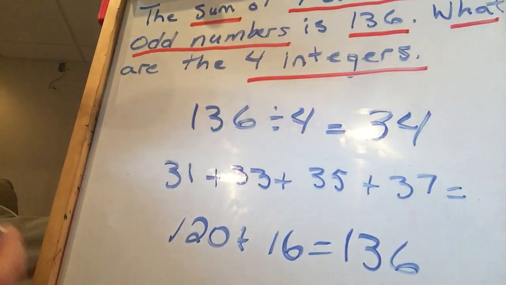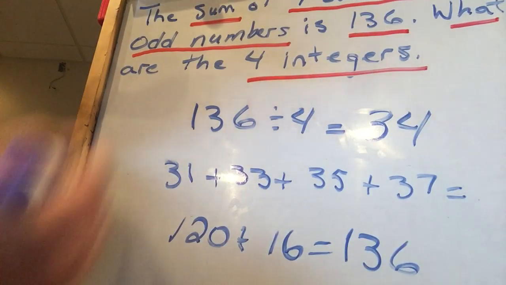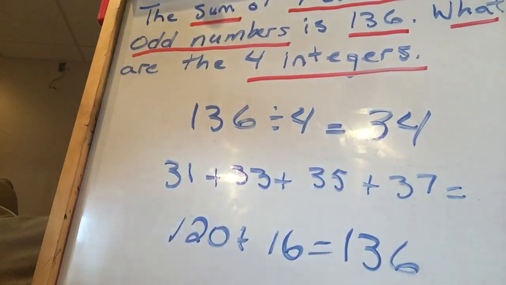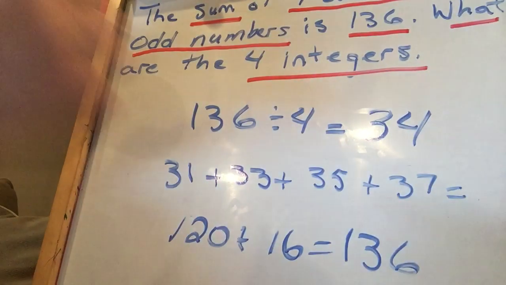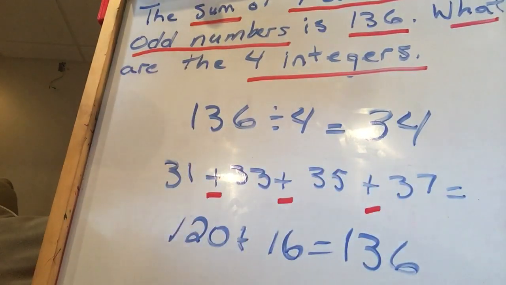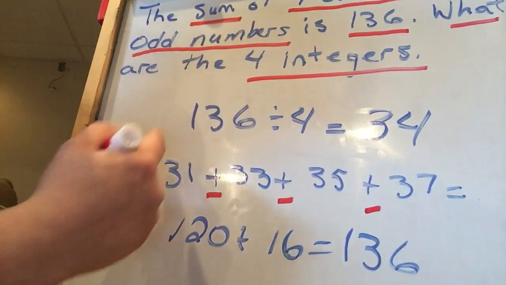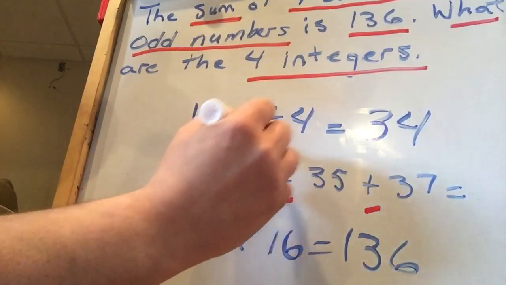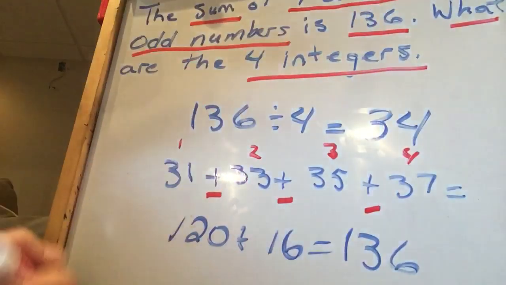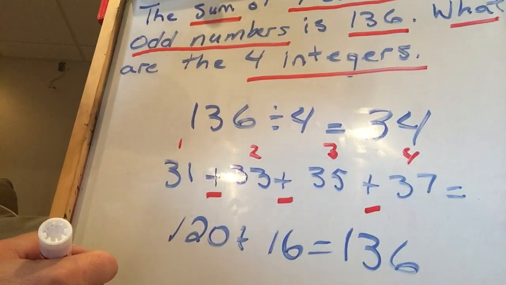So I'm going to make sure I've done it the right way. I needed to find the sum, which means I needed to add the numbers together, and that's what I did. I needed 4 numbers, and I've got 1, 2, 3, 4. Check, check. Those numbers are odd.